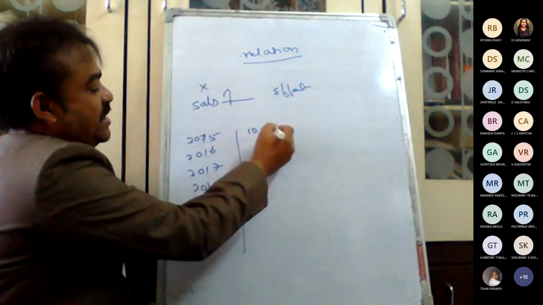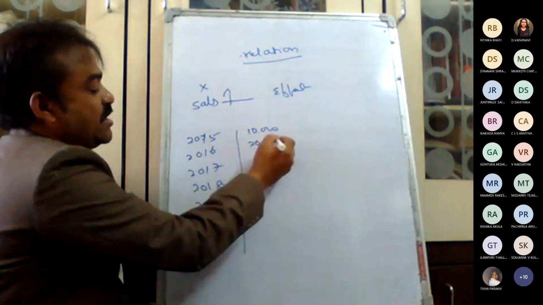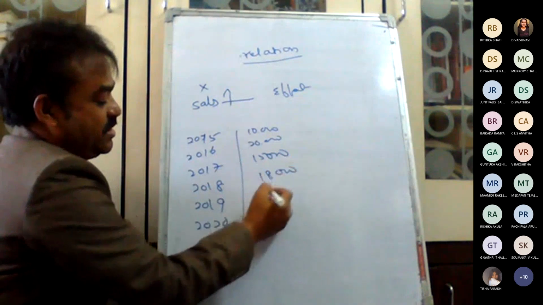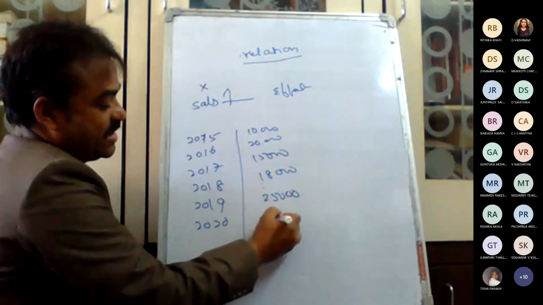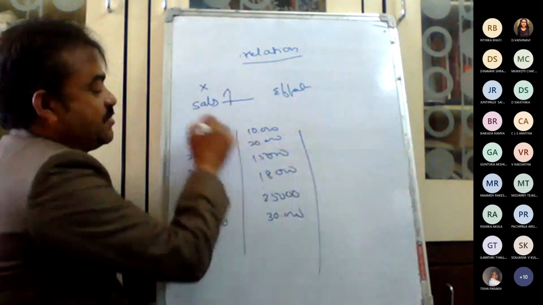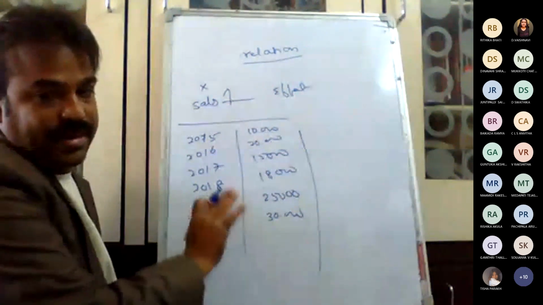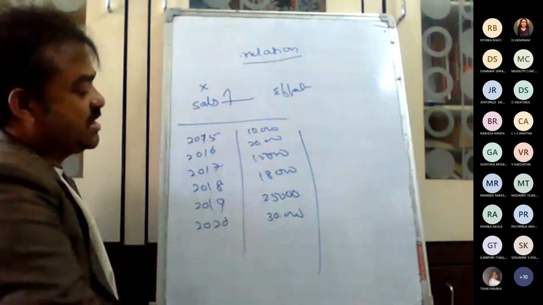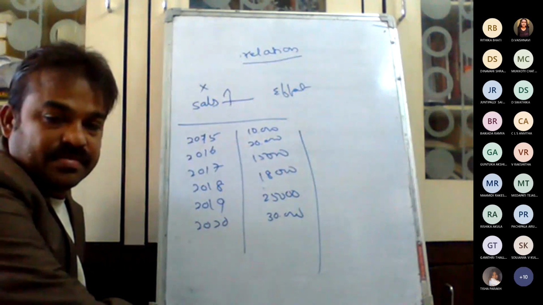For example, 10,000, that is lakhs or millions, whatever, 20,000, 15,000, 18,000, 25,000. Listen carefully, and 30,000. These are the sales. When sales are increasing or decreasing, we don't know. Maybe there are some changes. In some cases it is increasing, in some cases decreasing. Correct? This example. Yes, sir.